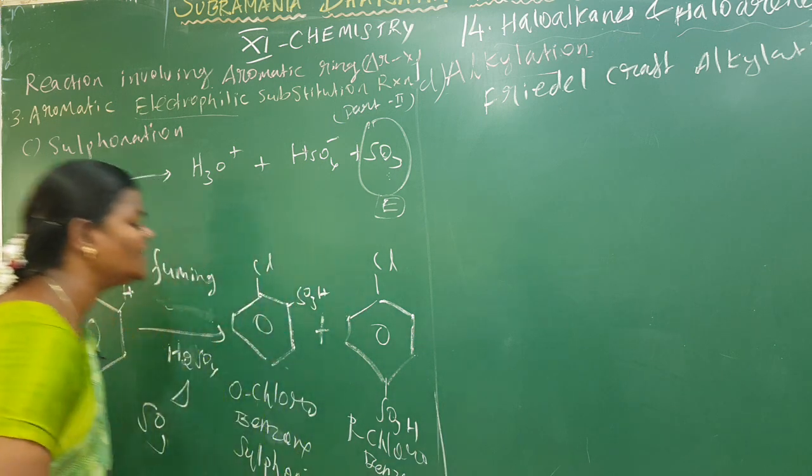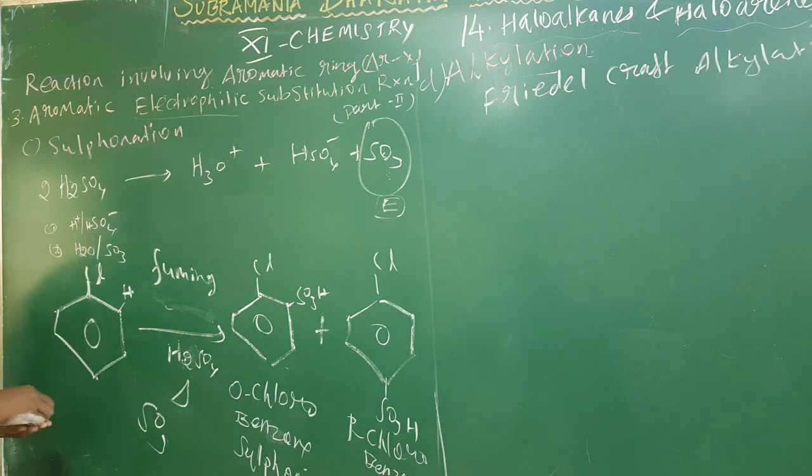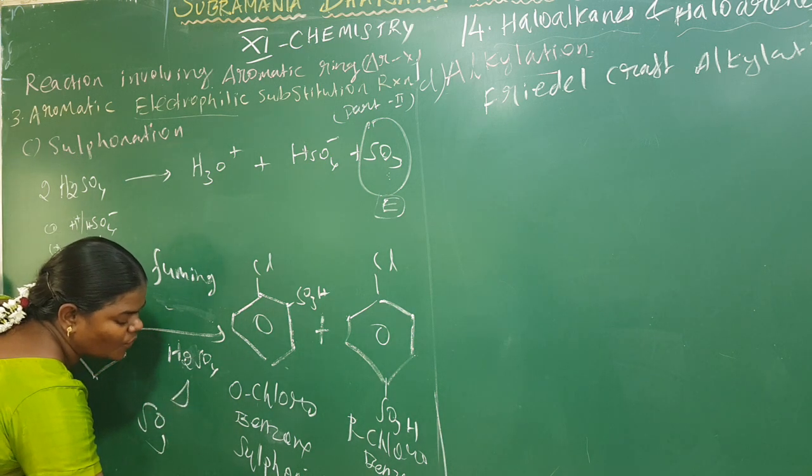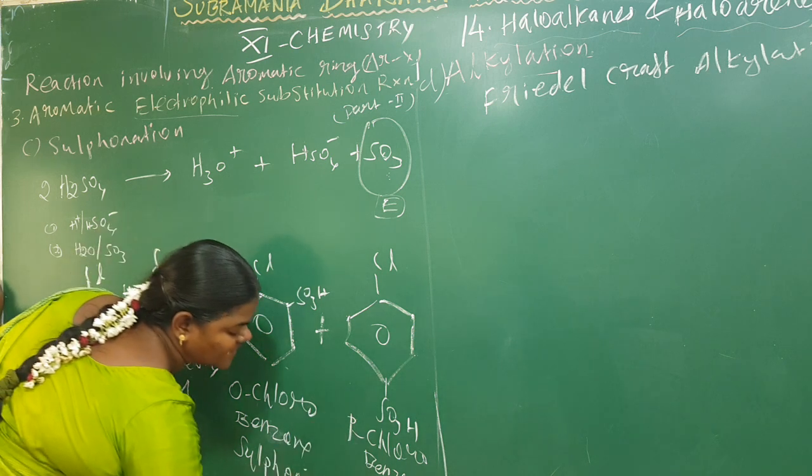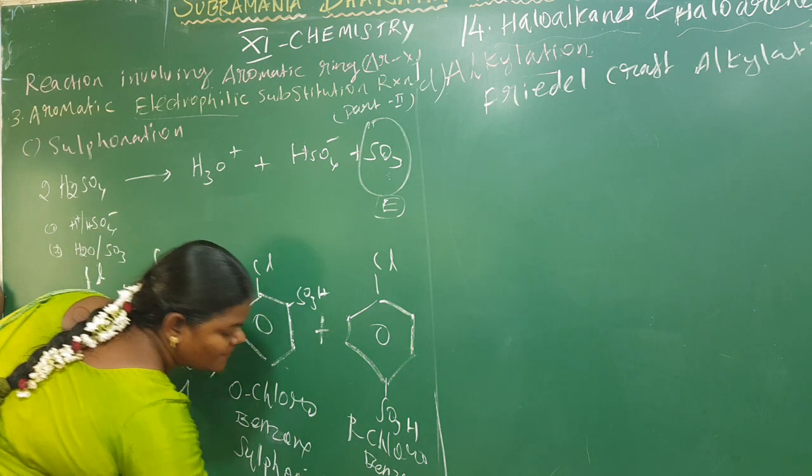This is very important. Of these products, ortho is the minor product and major is the para. Major is our para product.